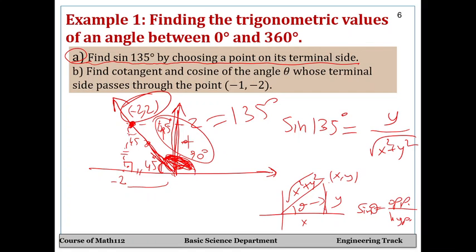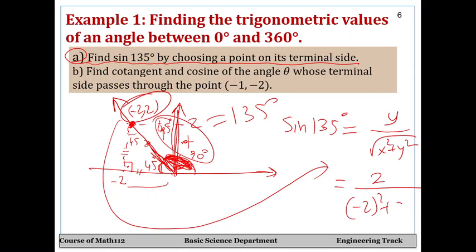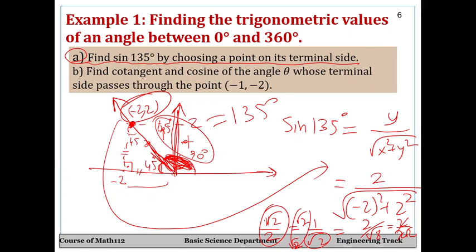To remember this I'm using the first quadrant, but when applying it, I apply the actual values of y and x. So it will be 2 divided by the square root of minus 2 squared plus 2 squared, which is 2 over square root of 8, which is 2 over 2 square root 2, and this gives 1 over square root 2. If you rationalize the denominator, multiplying by square root 2 on both sides, you get square root 2 over 2.